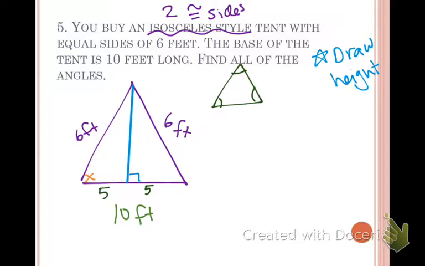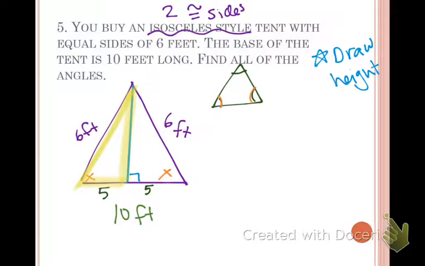The top angle is cut into two pieces. Does everyone see that? So to make our lives easy, we're going to find this angle, and these two will be the same, right? Then we'll have two of the angles out of the three angles, and we'll be able to find all the angles. Is everyone okay with this? Okay, so we're going to find x here, because this x will be the same as this one. So if that is the case, we're only looking at this triangle right here.